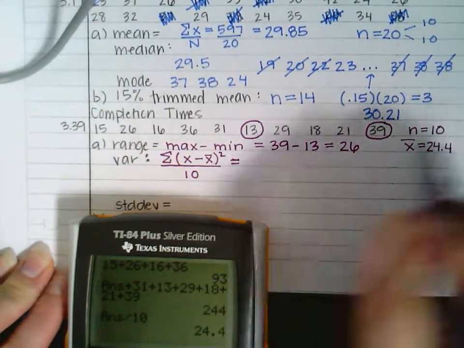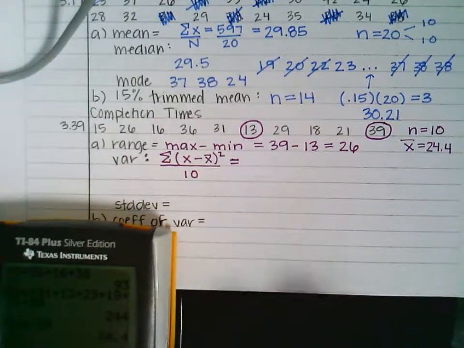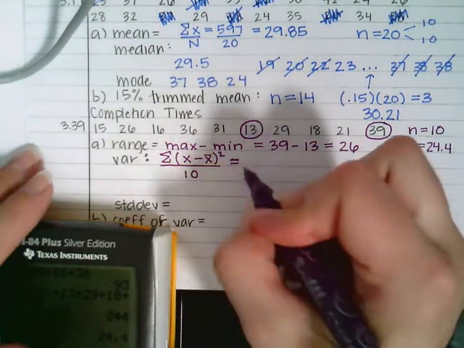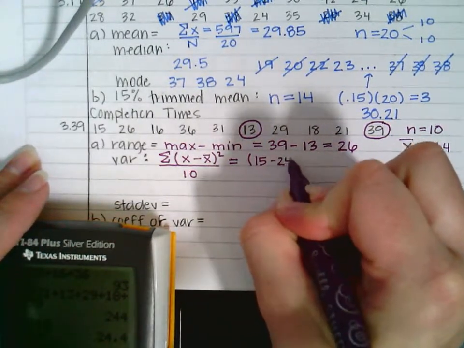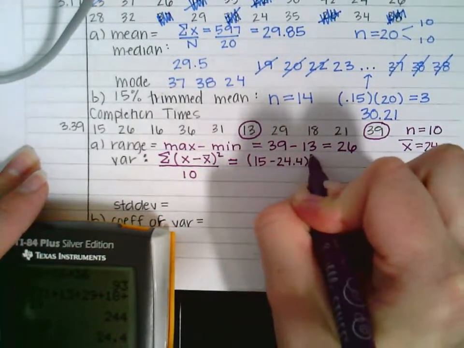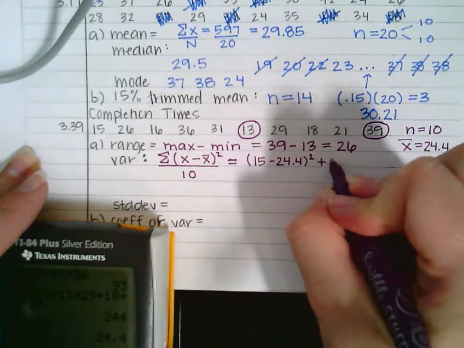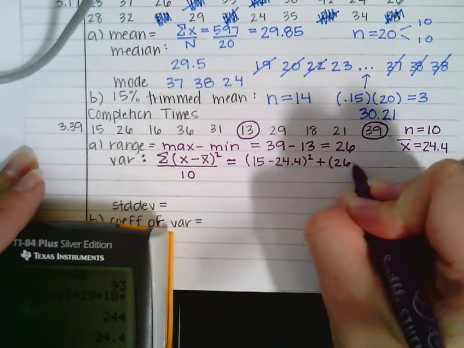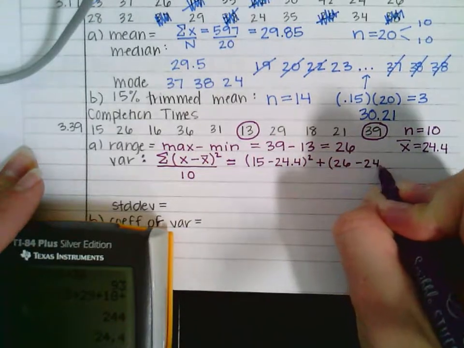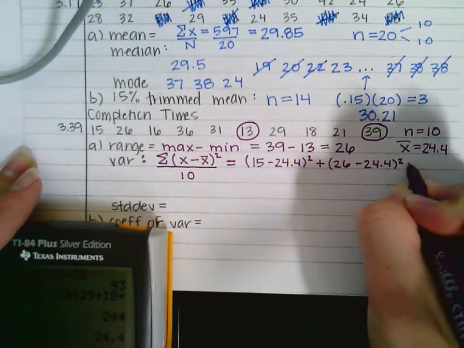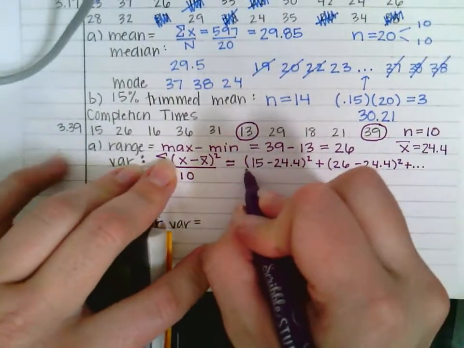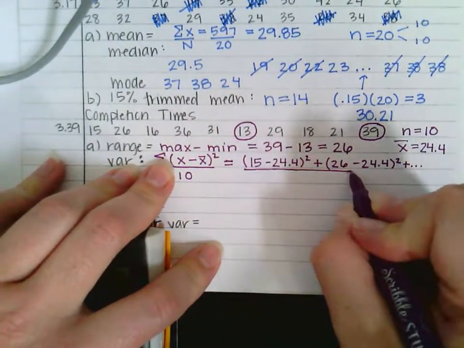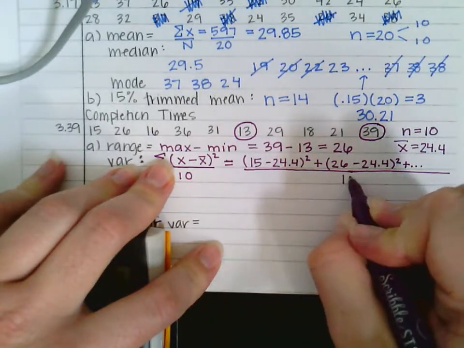All right, so if I were to do this, I'm going to have 10 of these calculations. The first one's going to be 15 minus 24.4 squared. The second one's going to be 26 minus 24.4 squared, and you're going to do that 10 times, all over 10.